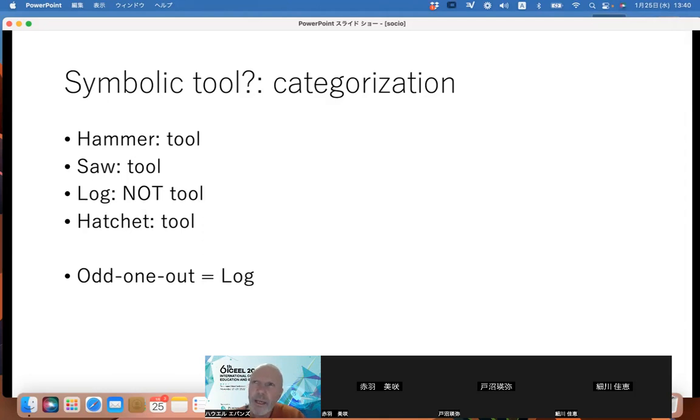So the idea of categorization itself is a symbolic tool, right? And we learn how to use that tool in the way we think. In other words, the symbolic tool structures the way we think.